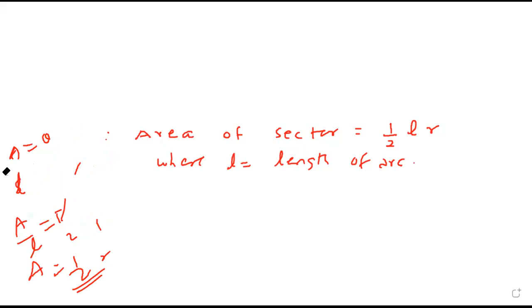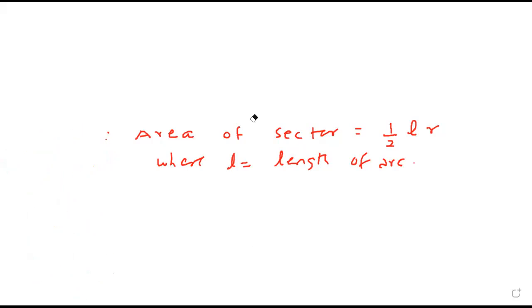Can I say it is r theta? Length of arc S, which we usually write, we write r theta. So A equals half r theta into r. So A equals half r square theta.